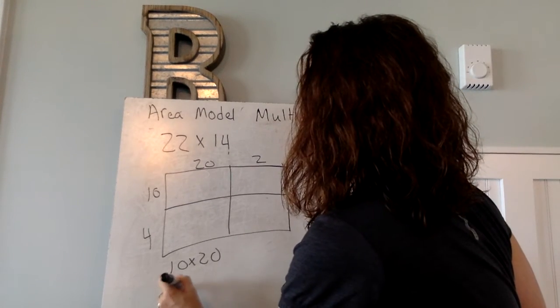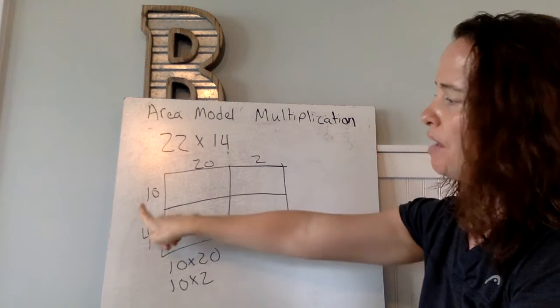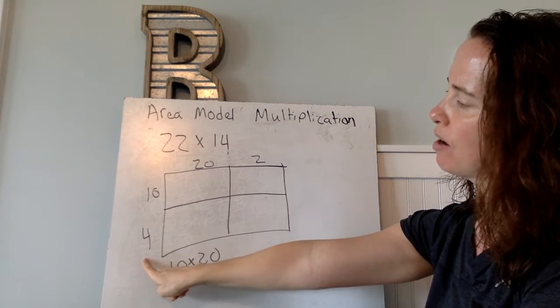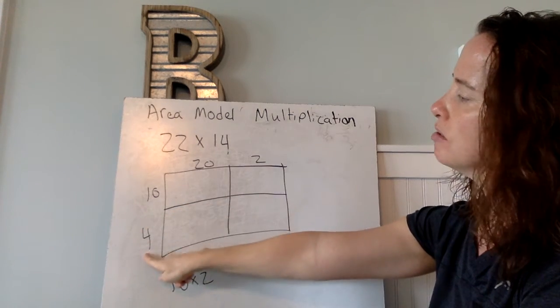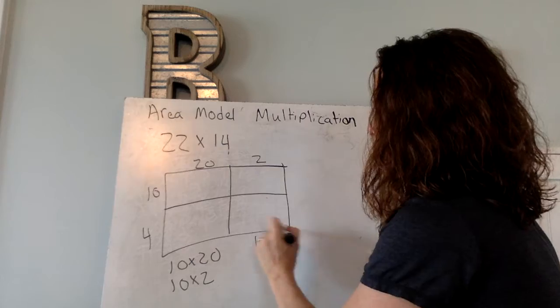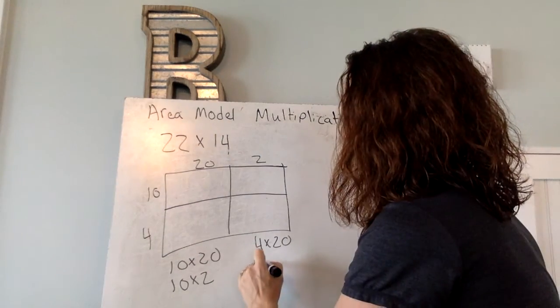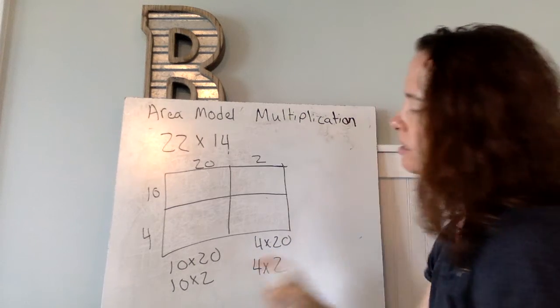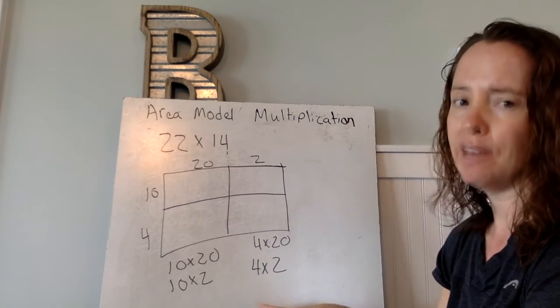So here's another expression for 10 times 2. I'm done with the 10, so I'm going to go down to the 4. Remember, don't multiply anyone on the same team. So 4 times 20, here's the expression for that. And then 4 times 2.